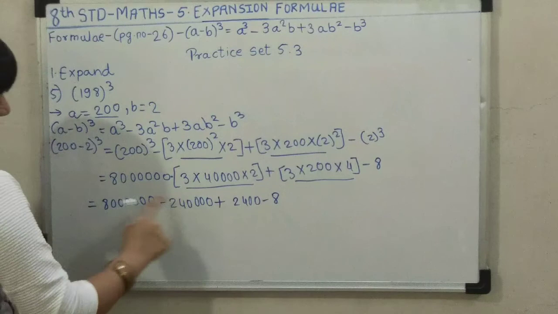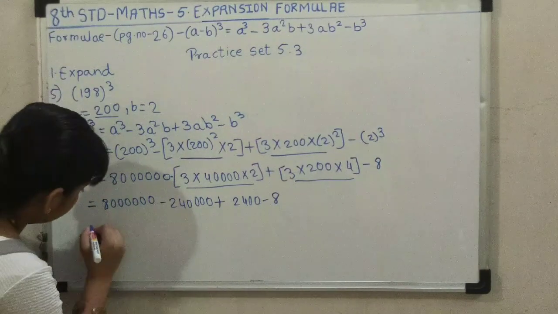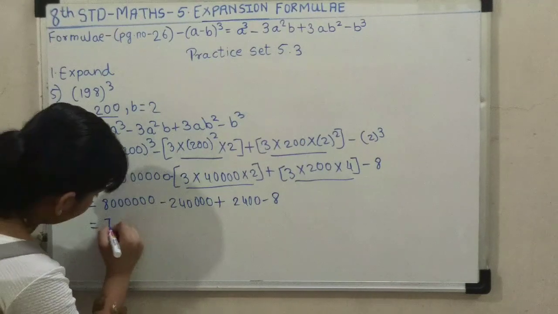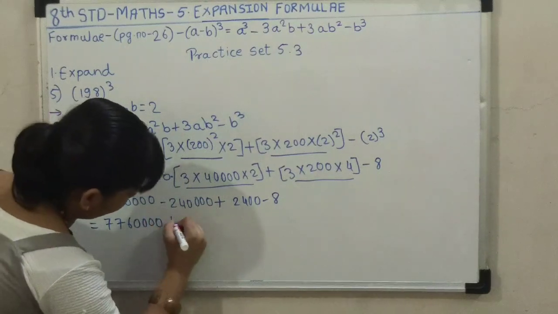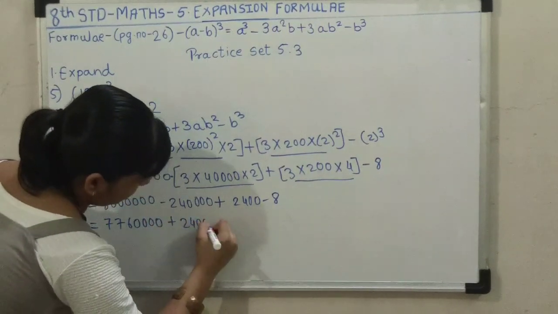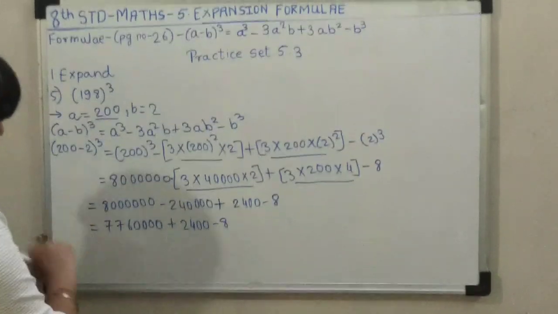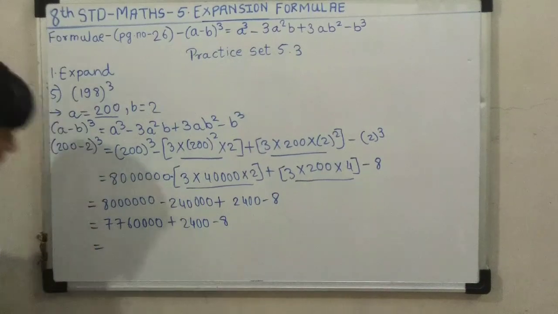And then we'll subtract 2,40,000 from 80 lakh. So the answer will come 77,60,000 plus 2,400 minus 8. So we'll add 77,60,000 plus 2,400.